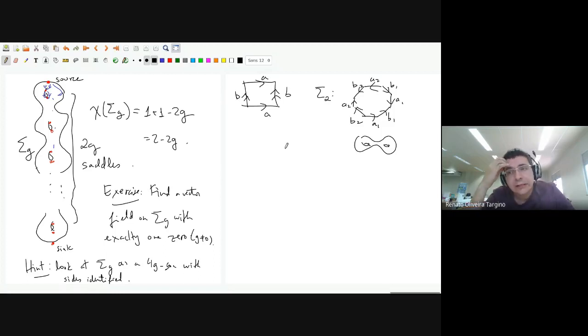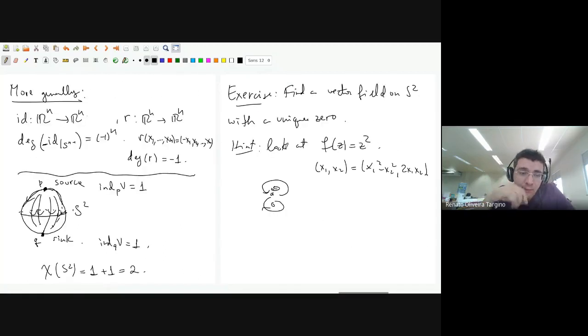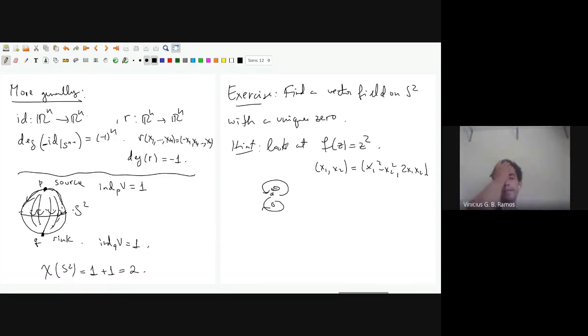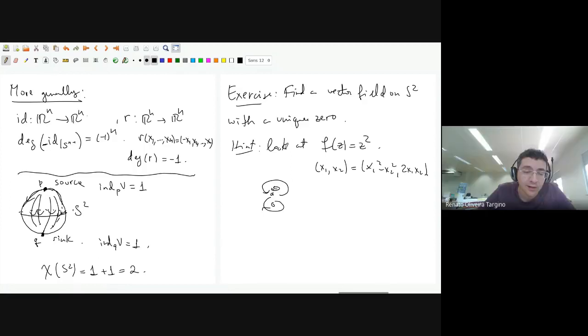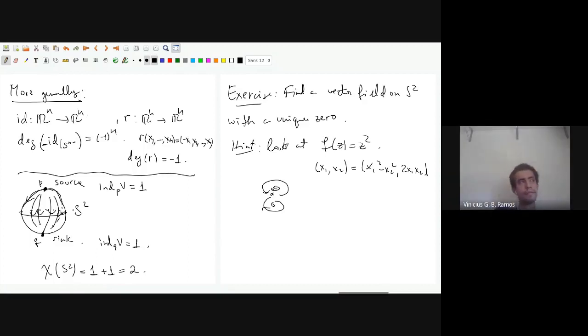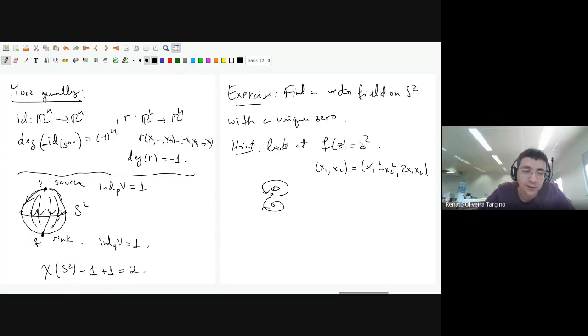Yeah. I take the constant vector field in R3, like up, and perturb a little bit near here. The constant vector field in R3 is not going to be tangent to S2. Yeah, and then I project it to the tangent space. So the problem will be in P and Q, right?